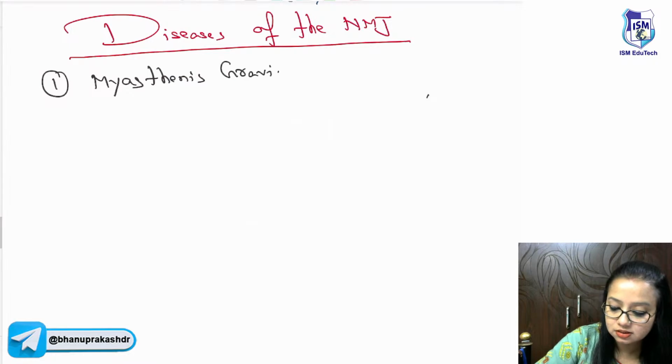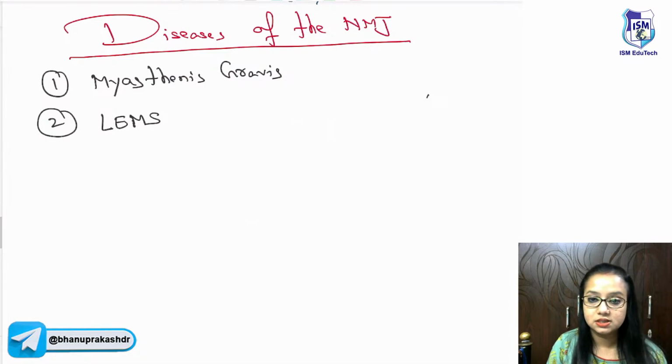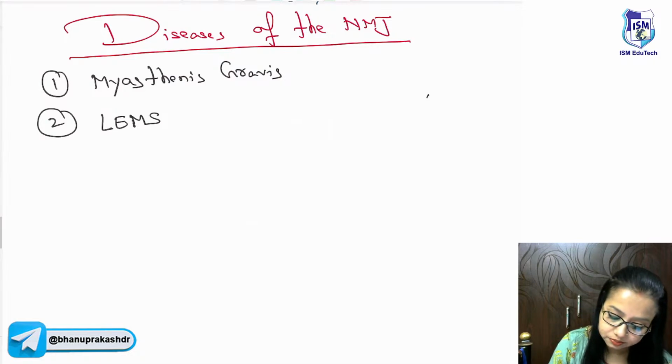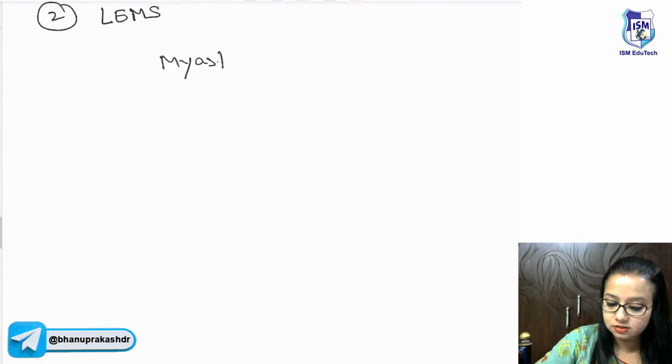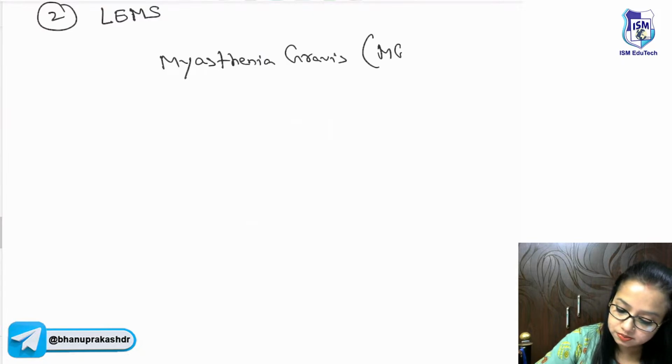So, two diseases that we are going to discuss here are myasthenia gravis, and the second one is Lambert-Eaton myasthenic syndrome. Okay. Coming to myasthenia gravis, MG.